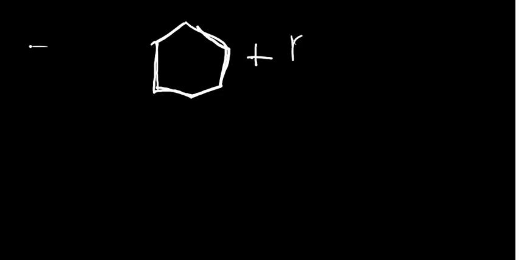So in the de novo synthesis, the pyrimidine nucleotide biosynthesis, the 6-membered pyrimidine ring is made first. This ring is supposed to be made first, right? And after it's made, it's then attached to a ribose 5-phosphate.